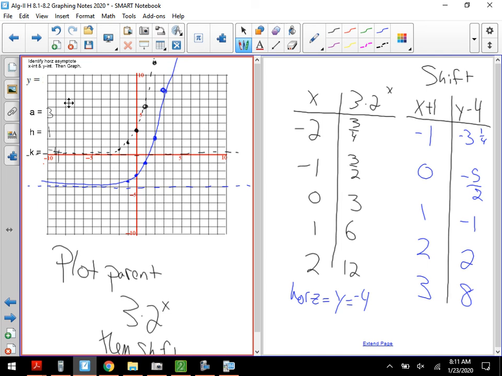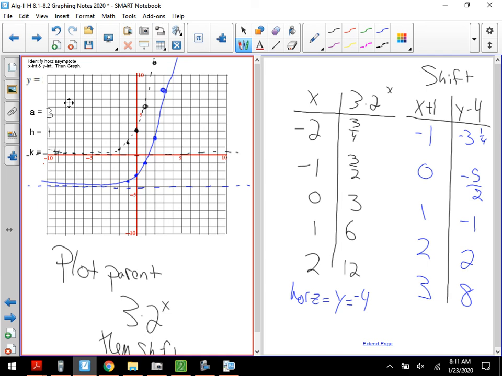Now remember, right now we have growth for when our b value is greater than 0 but not equal to 1. Our decay then is going to look a little different. Oh, I'm sorry. Can I have an a value that's negative? Yeah.